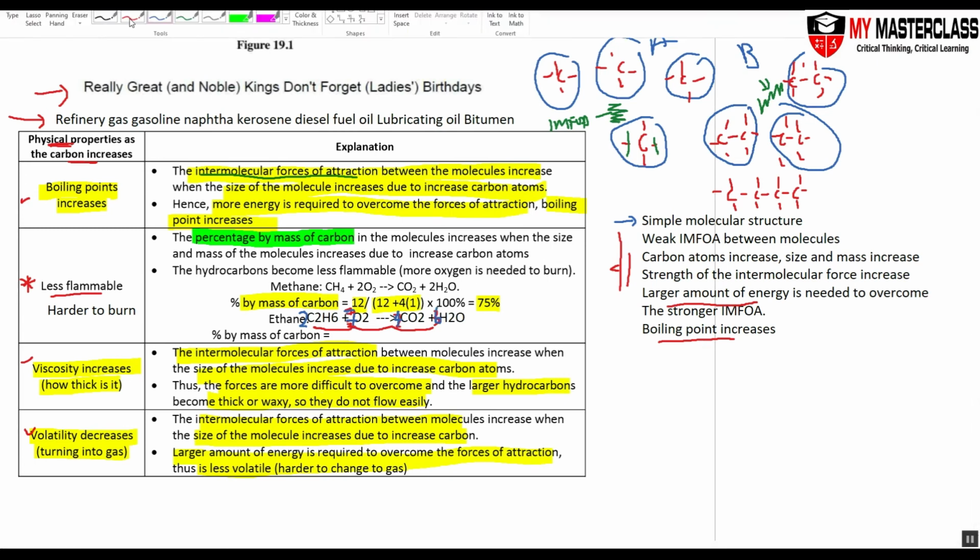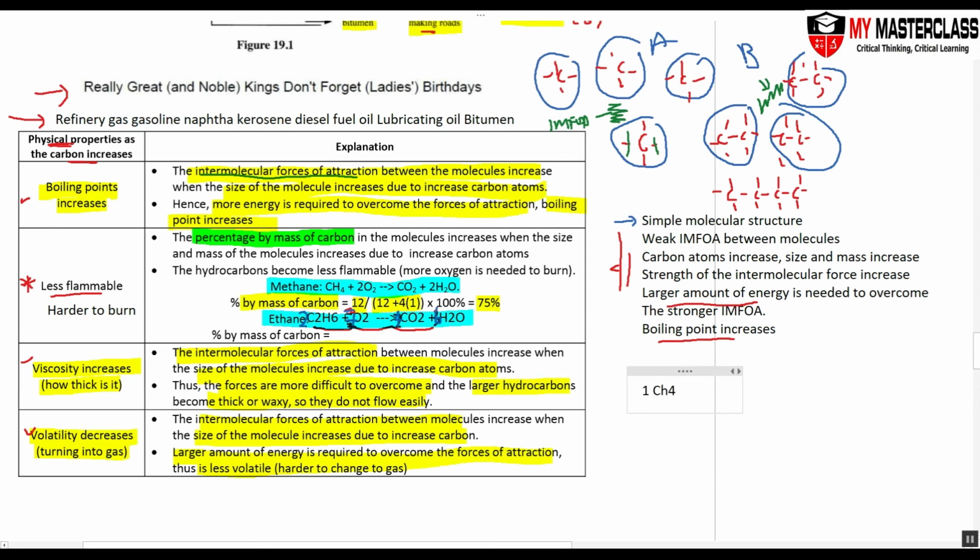If you look at these two equations, I have my methane equation and my ethane equation. 1 CH4 needs 2 oxygen to burn.